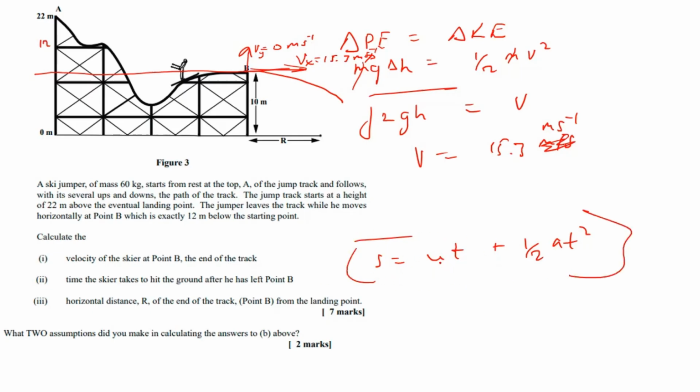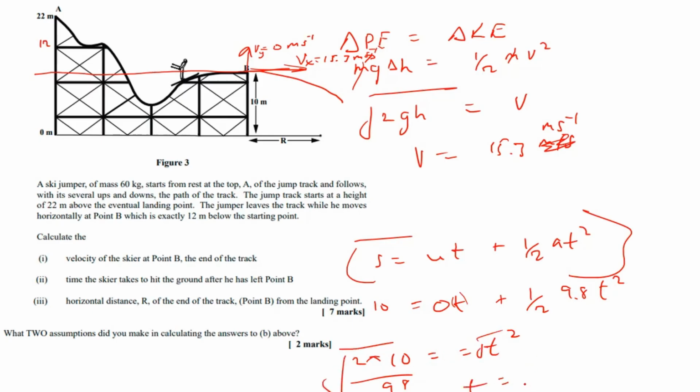Along the vertical, the initial velocity is 0, and the height is 10. 0 times t gives you 0, plus a half times 9.8 t squared. 10 is equal to that, so t ends up giving you 1.4. I think that's the answer.